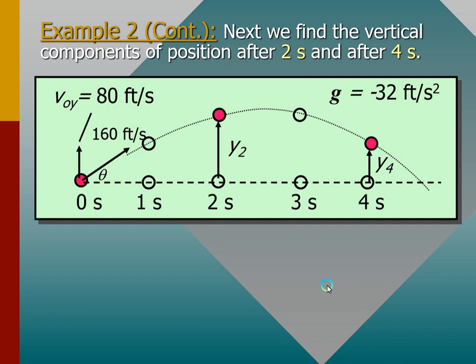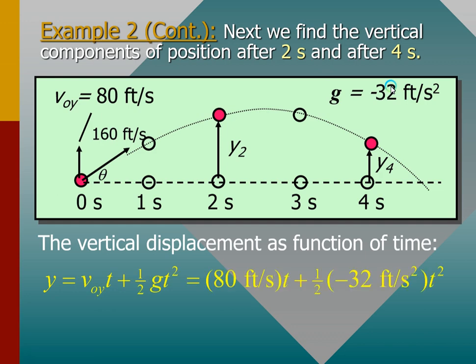Okay, so take note, hindi natin pwede gamiton ang negative 9.8 meter per second squared kaya ang aton gina-consider diri is feet. So ang aton nga unit dapat should be in feet. So ang aton nga gravity will be negative 32 feet per second squared. So the vertical displacement as function of time. So we have Voy naton nga na-solve naton kagina will be 80 feet per second times time plus 1/2 g t squared.